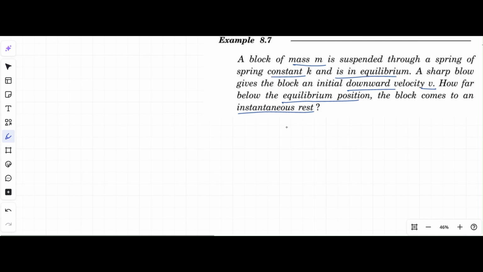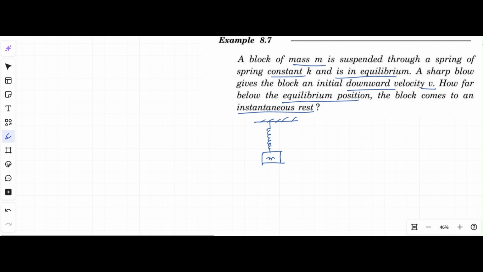So what it says is, suppose there is this spring and a block of mass m is attached to it, and now it is somewhat stretched from its natural position. It is not at its natural position, but it is in an equilibrium position.